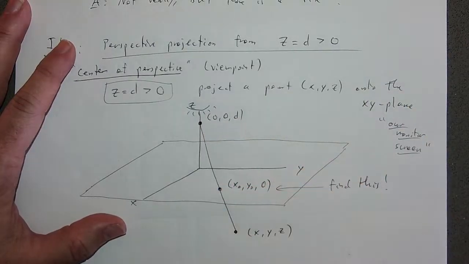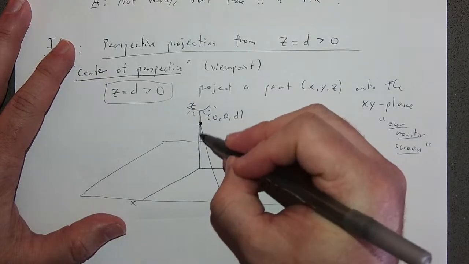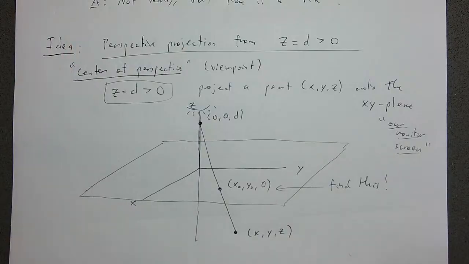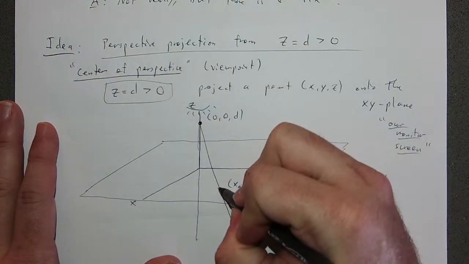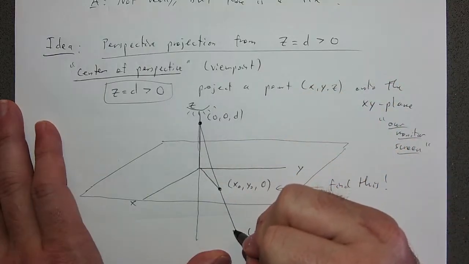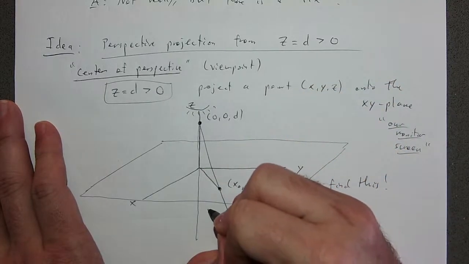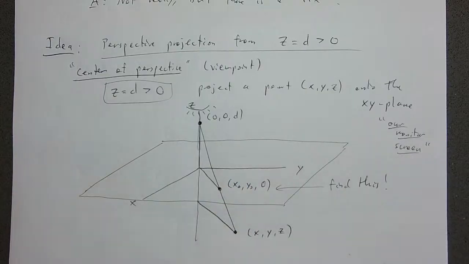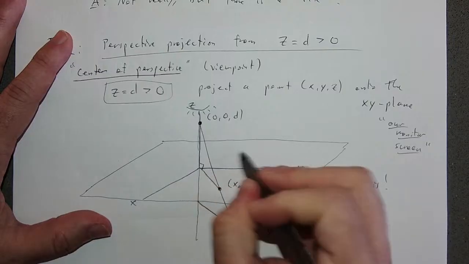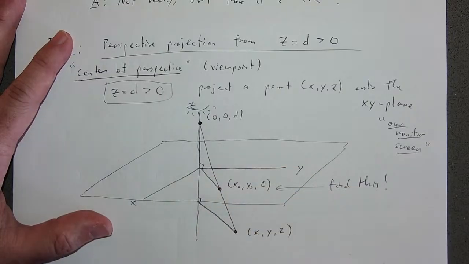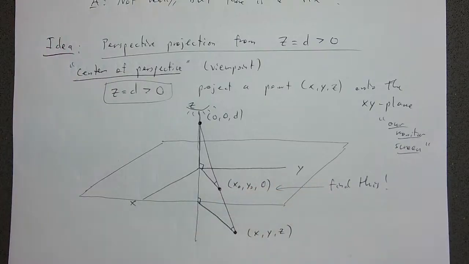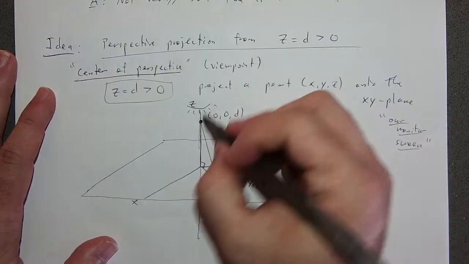In this picture, however, if I extend the z-axis here enough, and I draw in these things here, what are these angles? These are right angles, and the resulting triangles are similar. They share the apex angle here.